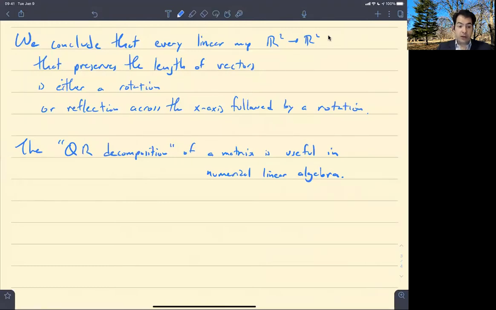And it turns out that numerically, one stable way of solving AX equal to B is to factor A using the QR decomposition, and then use this decomposition to solve AX equal to B. So I'll say more about using this to solve AX equal to B shortly.